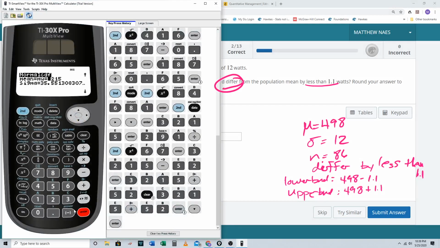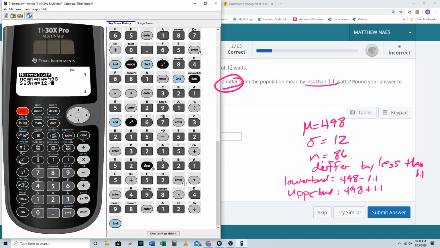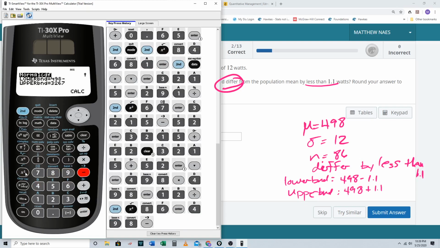To solve again, 498, 12 divided by the square root of 86. Lower bound is 498 minus 1.1.